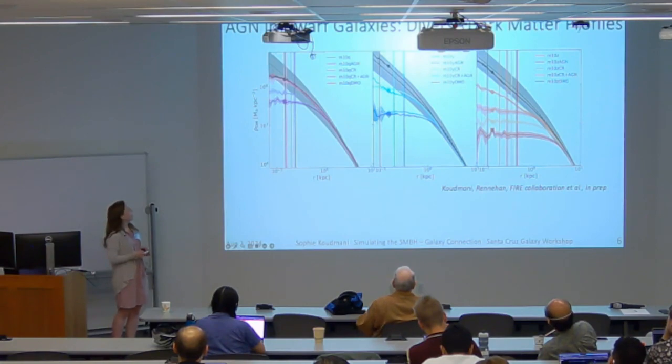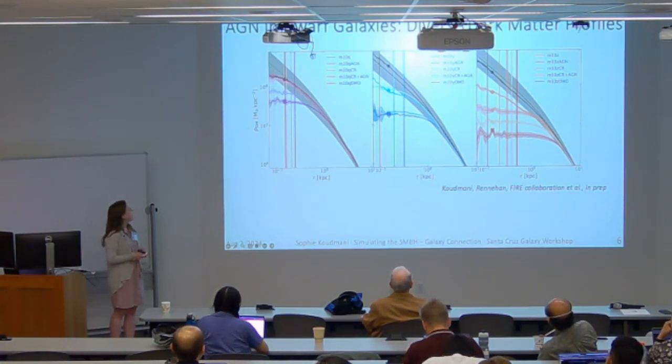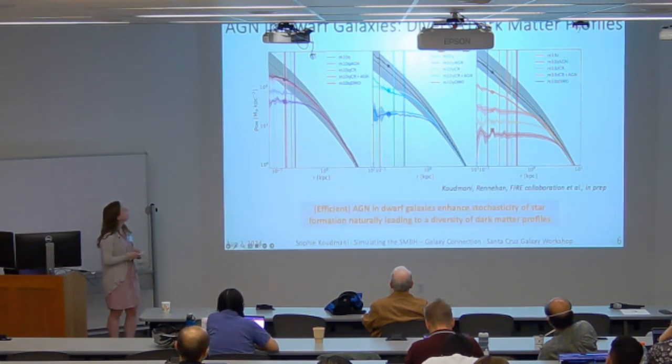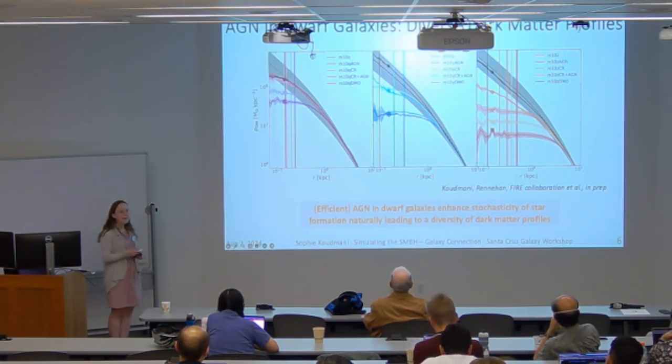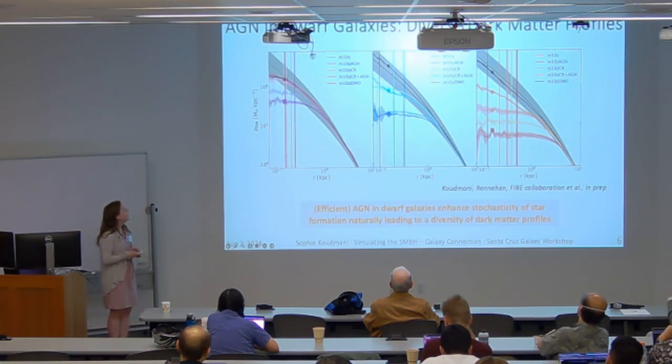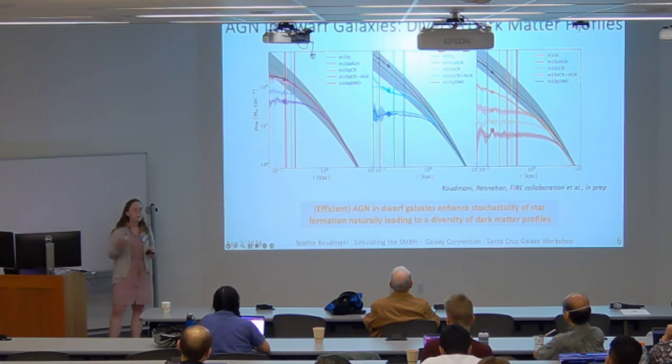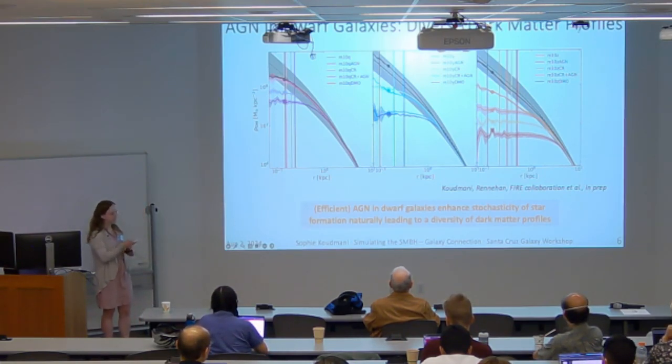Also I want to advertise a little ongoing project that I was working on at CCA with the FIRE people, where we looked at the impact of AGN feedback in dwarfs on dark matter distributions, and in particular in possibly explaining the puzzling diversity of dwarf galaxy rotation curves. And we find indeed that the addition of an AGN as well as cosmic rays greatly increases the dwarf galaxy rotation curve diversity.